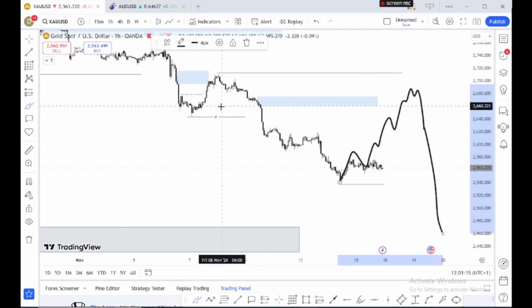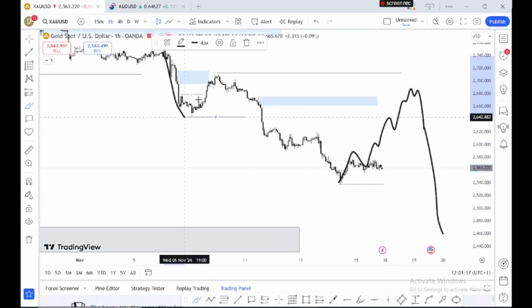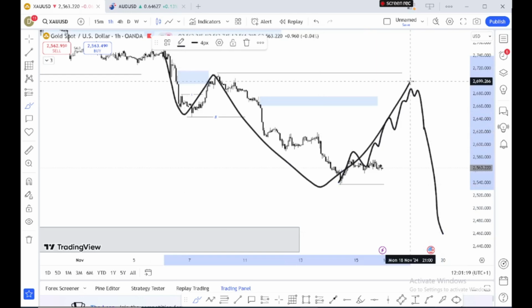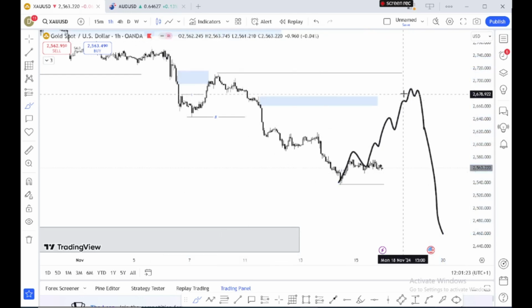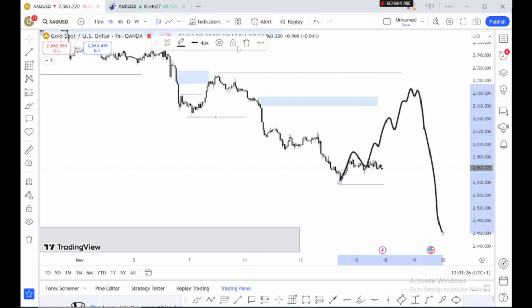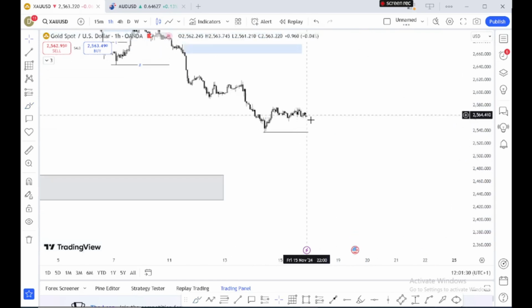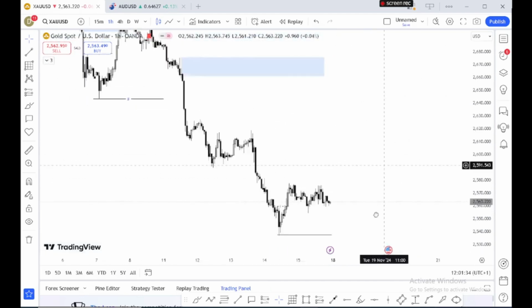So it means that this is the major move. Then you see market drops. So I'll be waiting and I'll be observing what this good trade will be doing moving forward from next week. So this is what I'm expecting on gold like this.